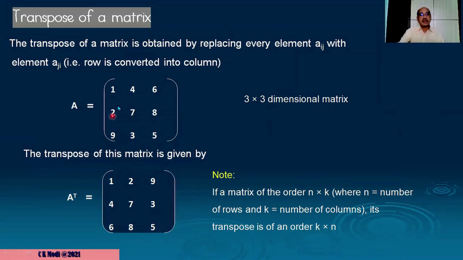So the transpose A transpose is equal to 129, 473, 685, where each column is converted into a row. So the transpose of a matrix is obtained by replacing every row with a column.